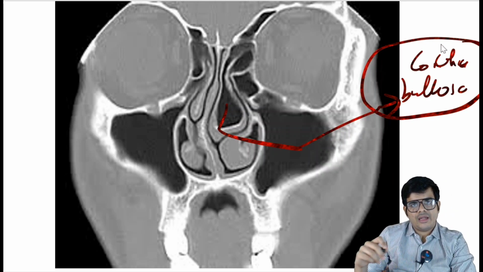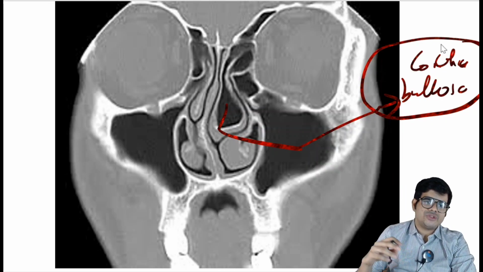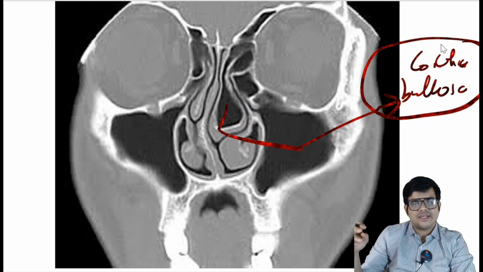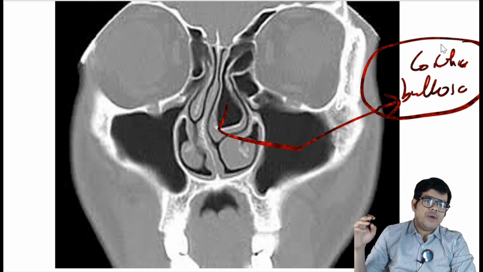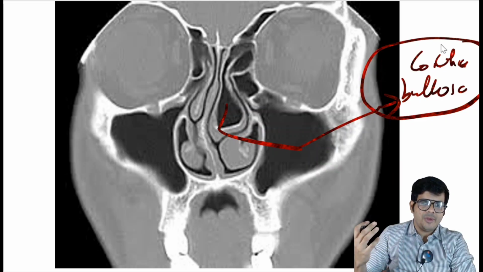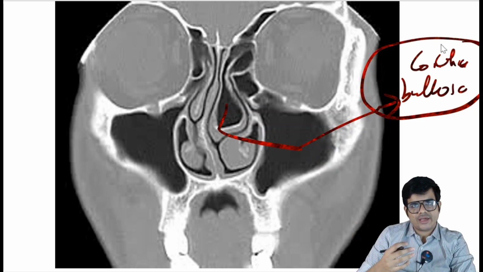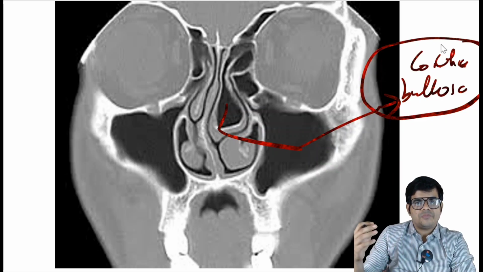In this case you will have to do a partial middle turbinectomy, because this concha bullosa can result in sinusitis by blocking the osteomeatal complex, right? So it is also a differential diagnosis, and in fact sometimes the parents may bring the child to you saying there is some polyp here.